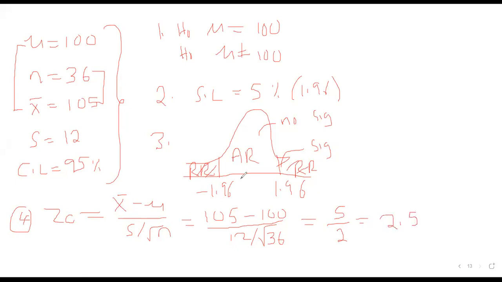So we identify where the 2.5 is. 2.5 is somewhere here in the shaded region. So what is our conclusion? Step 5, our conclusion: since Z calculated is greater than 1.96, we reject H0.